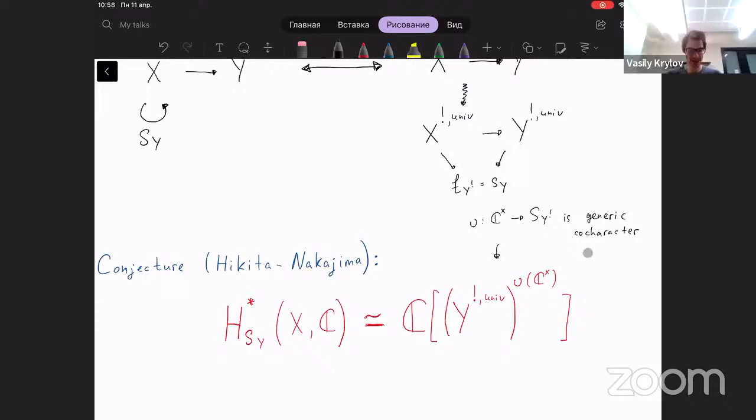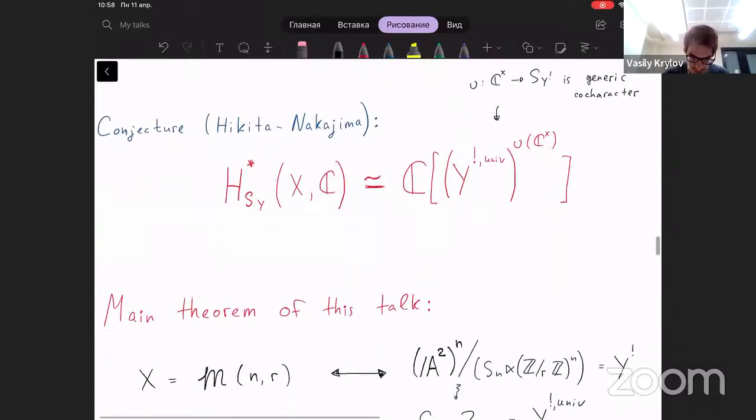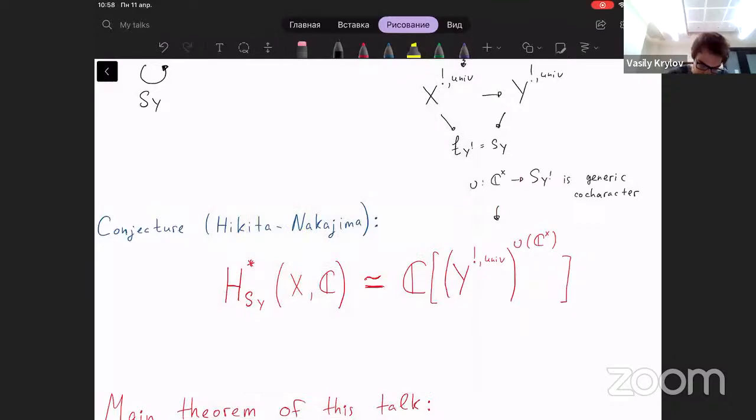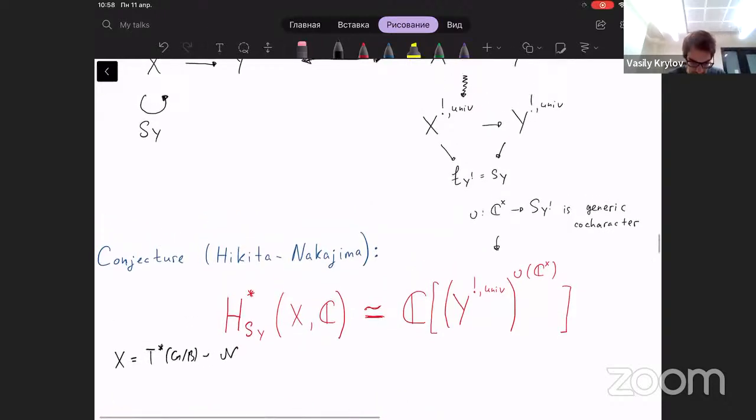Okay, so let me say when this conjecture is known, and I'll try not to forget some situations. Briefly, this conjecture is known when X is the Springer resolution T star G mod B of the nilpotent cone, and it's due to Hikita.